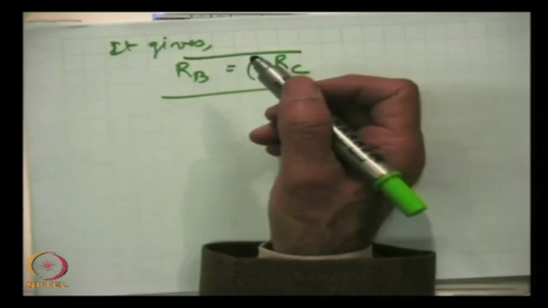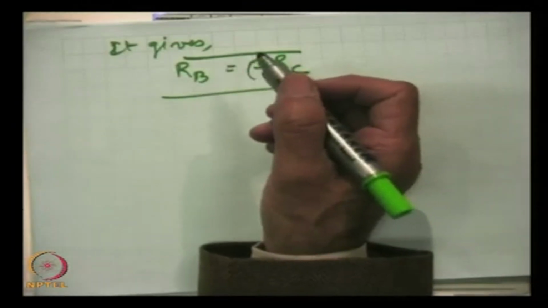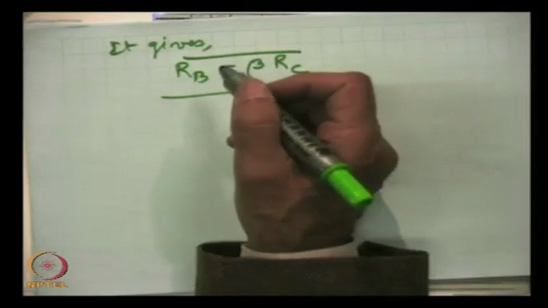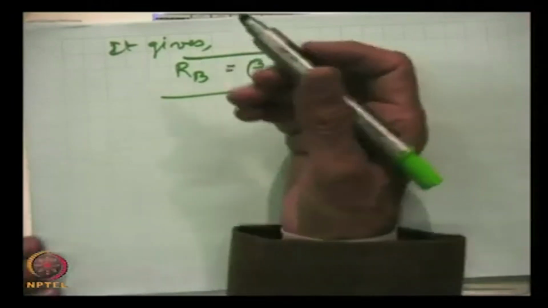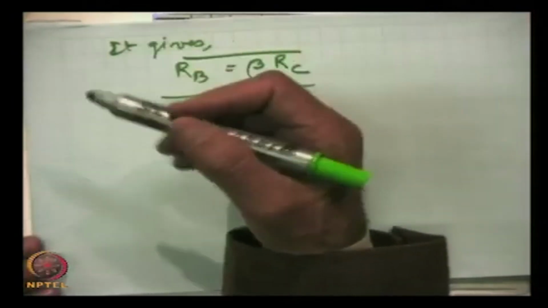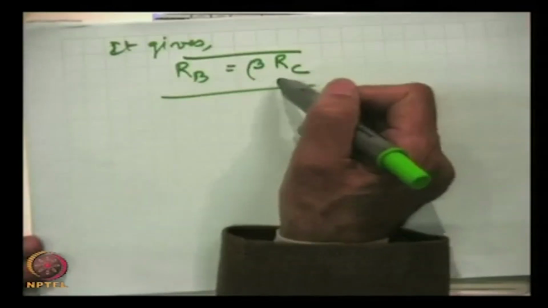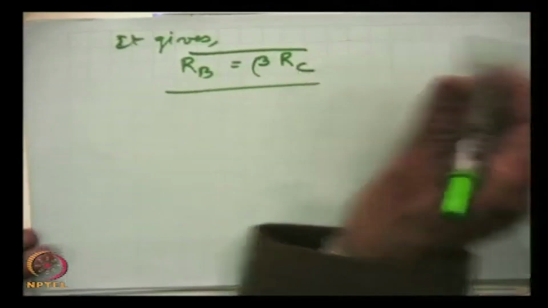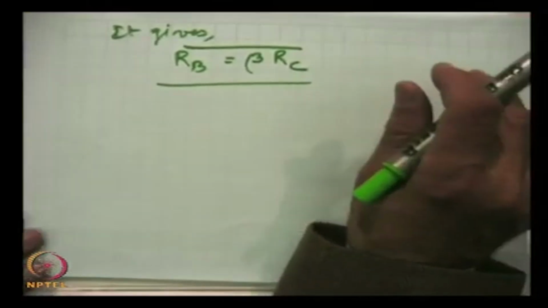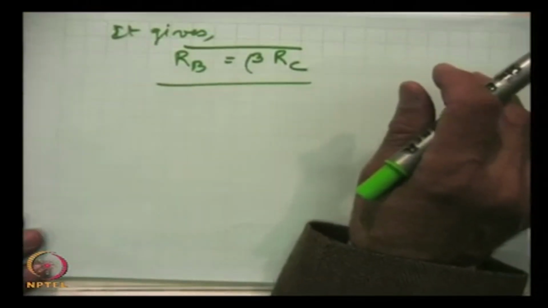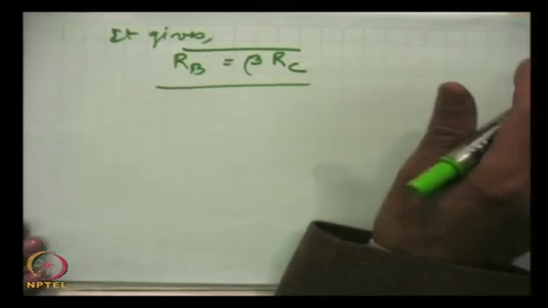This is the simple thumb rule for the calculation of the value of RB. There are only two resistances, RC and RB, and one is known from that maximum current relationship, the other is known from here. So the design of this collector feedback circuit is also very simple.